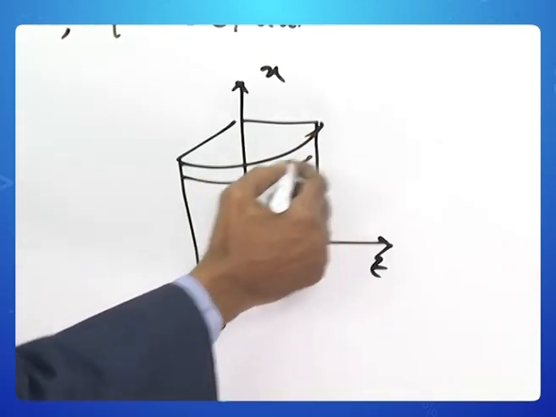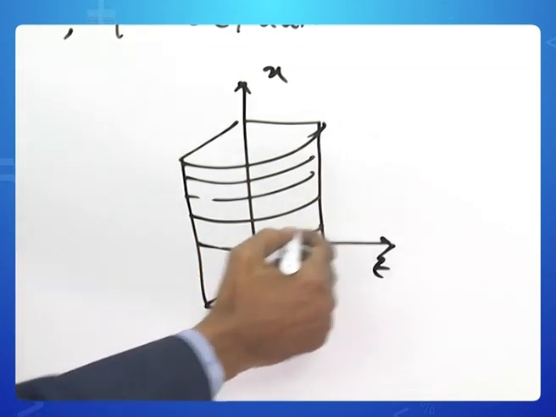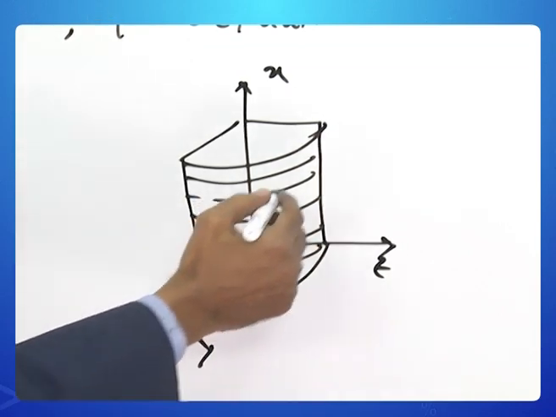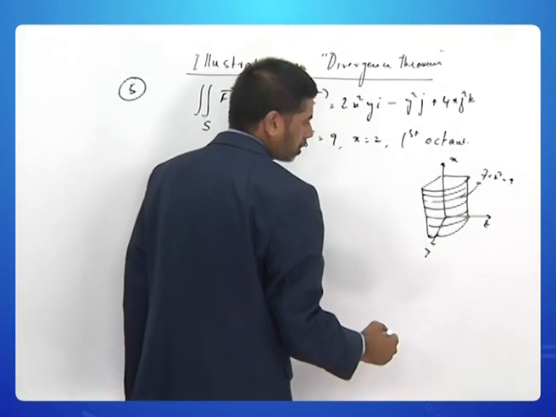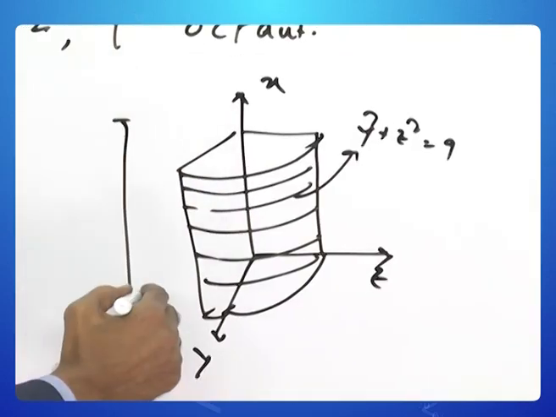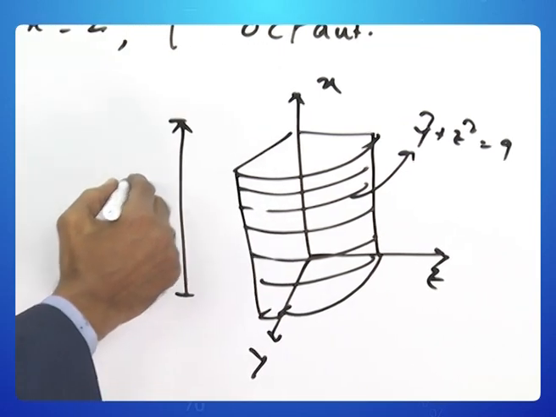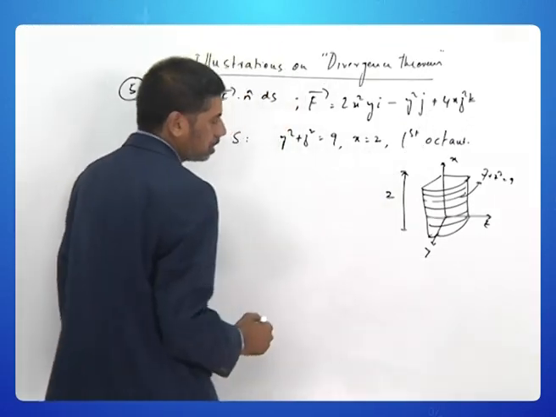So this curved surface corresponds to y square plus z square is equal to 9, and this height is 2 units along the x direction.